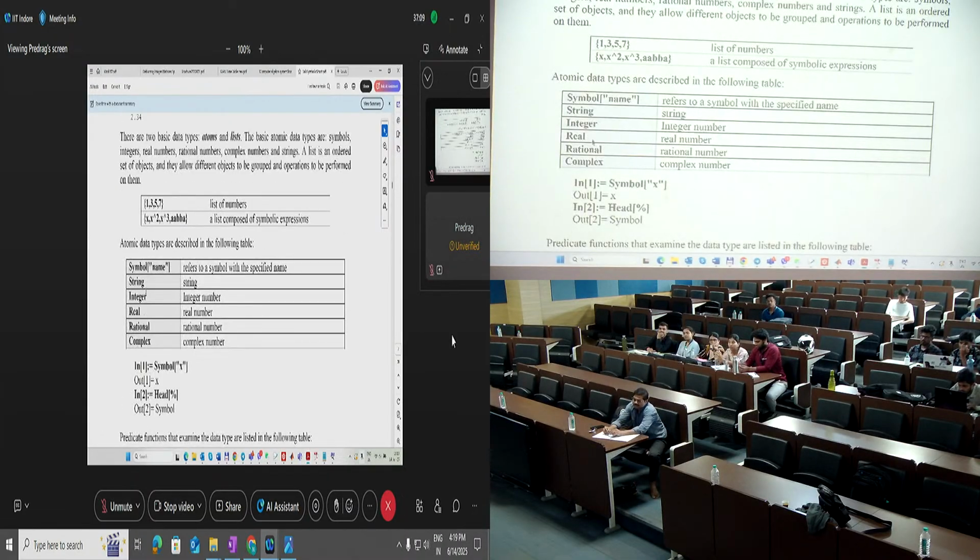Mathematica can work with strings. A string is an arbitrary sequence of characters between quotation marks.